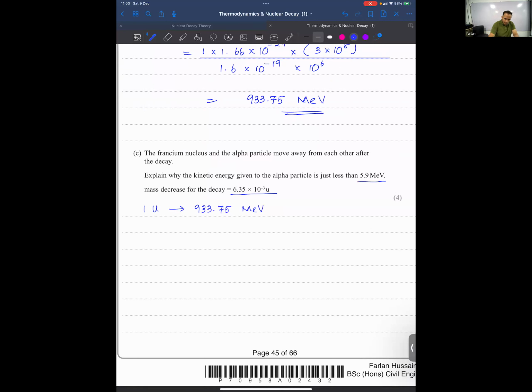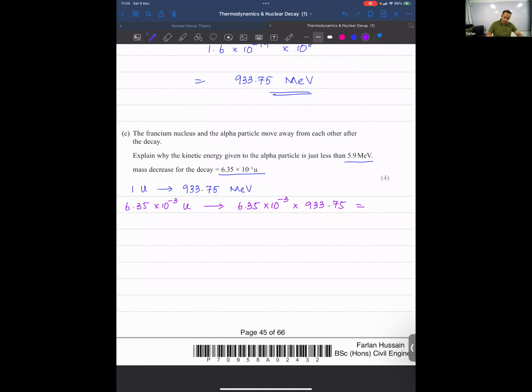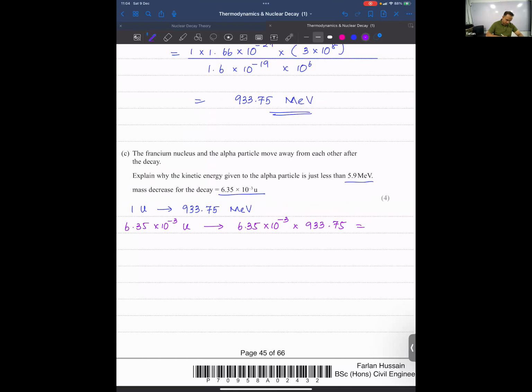So if the mass decreases by 6.35 into 10 to the power minus 3 U, then the energy released will be 6.35 into 10 to the power minus 3 U multiplied by 933.75. So the energy released in this decay is 5.929, let's say.